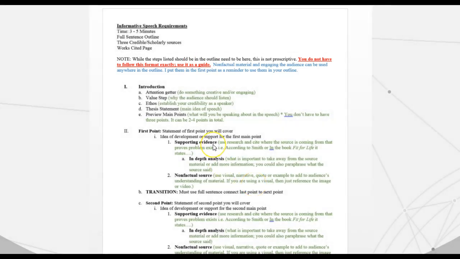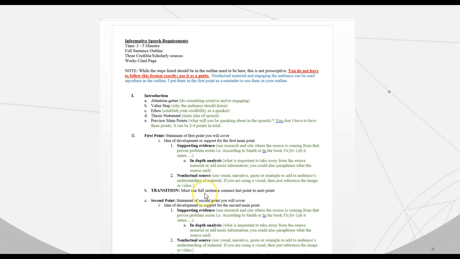So for instance, you might have supporting evidence, in-depth analysis, and then maybe you have another piece of supporting evidence. That's perfectly fine. Maybe you don't have a non-factual, or maybe you don't have a place to engage your audience, but you do want to make sure you're utilizing this. Now, you may not want to use this outline format for what you're going to present to the audience, right?